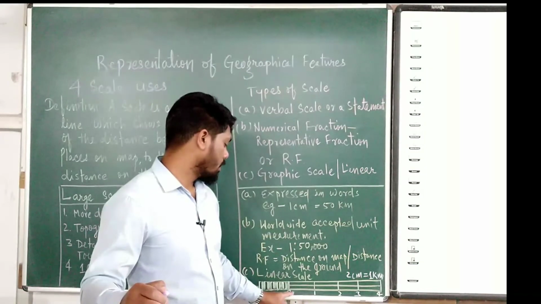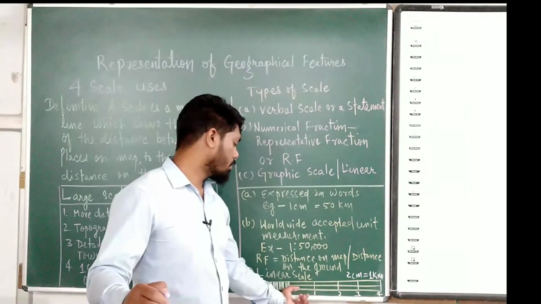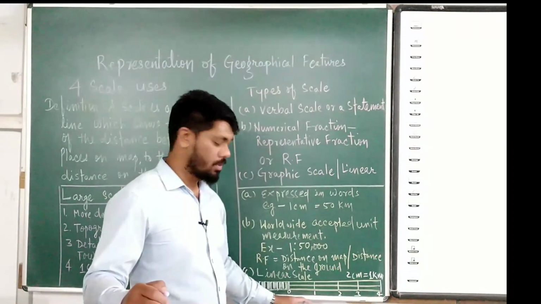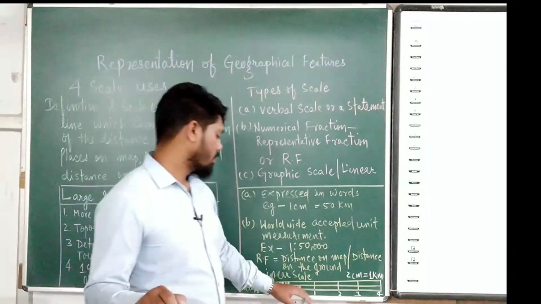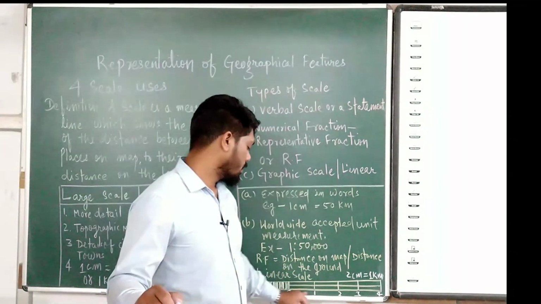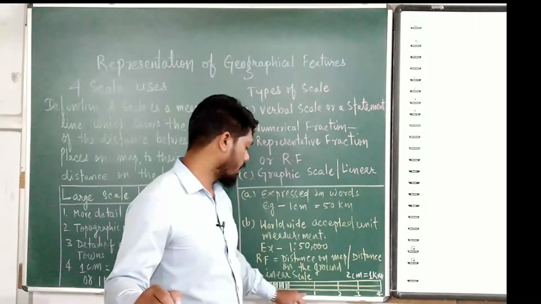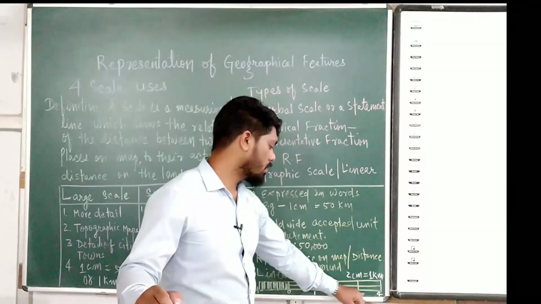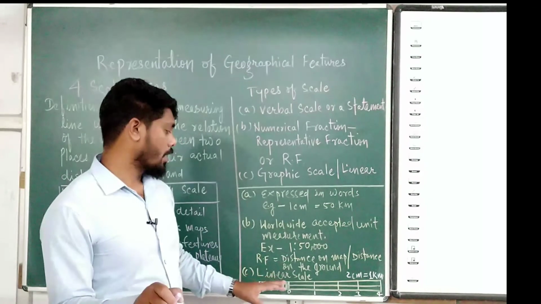Each box of 2 centimeters is divided exactly, having 1 kilometer, 2 kilometers, 3 kilometers, then 4 kilometers. So it shows the accurate distance.